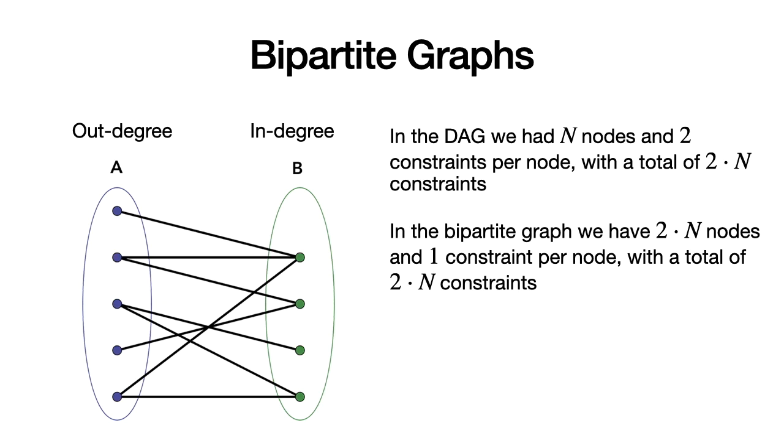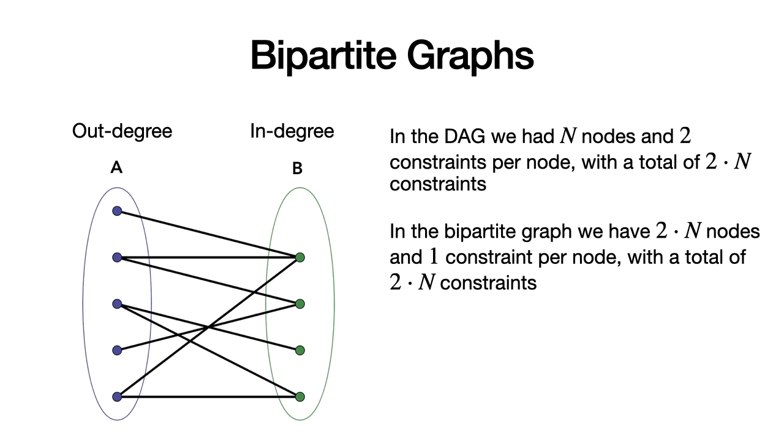So 1B will handle the in degree of node 1, 2B will handle the in degree of node 2, and so on. And we can see that the number of constraints has remained the same. In the directed acyclic graph, we had n nodes and 2 constraints per node, so we had 2n constraints. In the bipartite graph, we have 2n nodes and 1 constraint per node, so we still have 2n constraints, right?